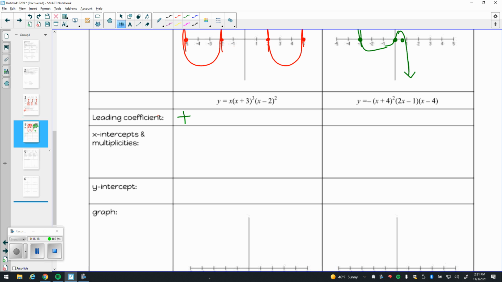You're multiplying them. It's even. It's 6. 3 plus 2 plus 1 is 6. This is even.